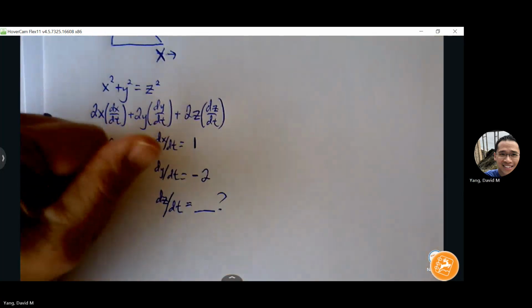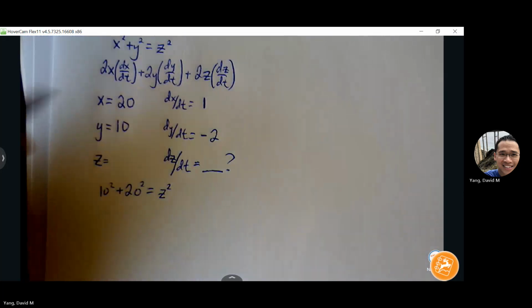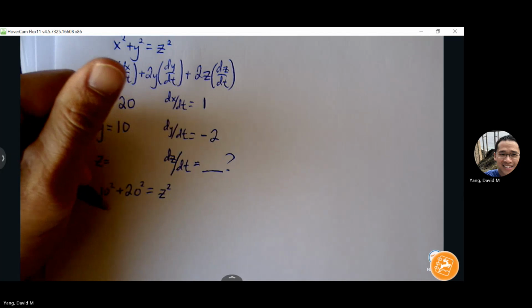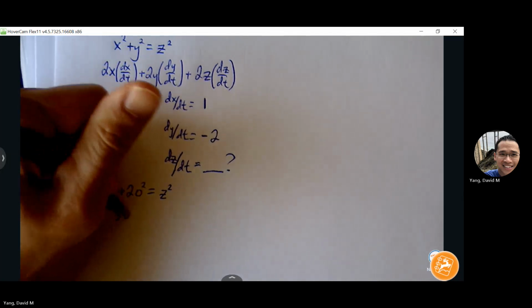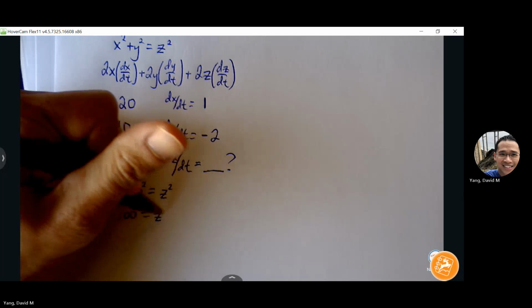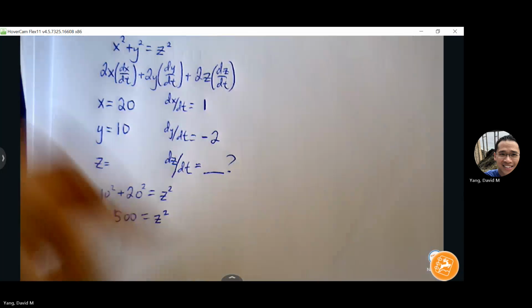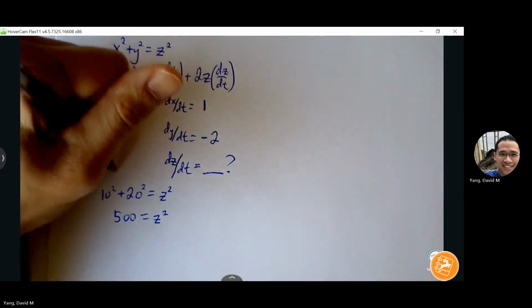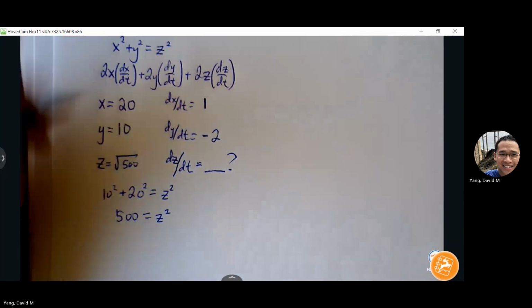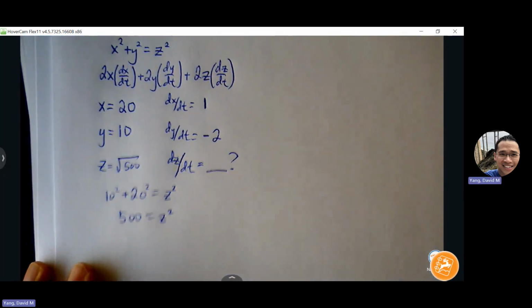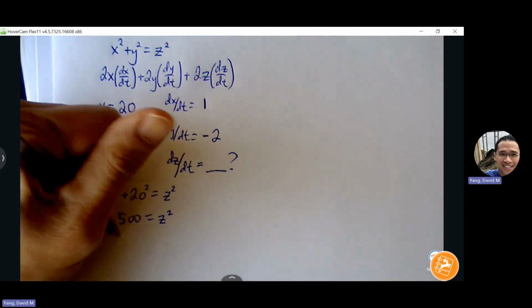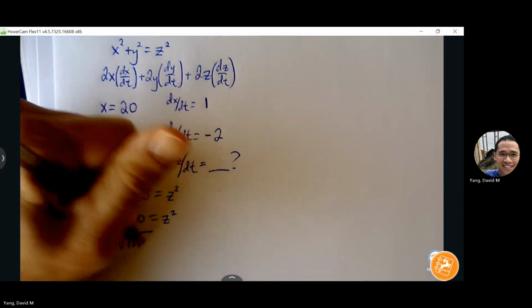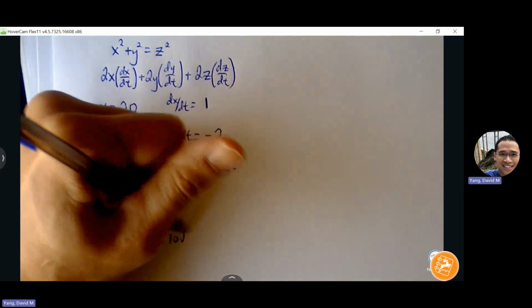Pythagorean theorem, okay. A squared plus b squared equals c squared. So z is root 500, or you can say 10 root 5, either way.